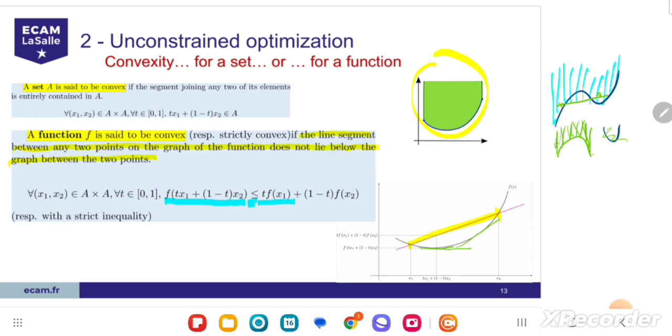You take one item in the segment, t x1 plus (1 minus t) x2, and take the image of that by the function, so that's this point. It's below the segment that you make between t f of x1 and (1 minus t) f of x2. So that's convexity.